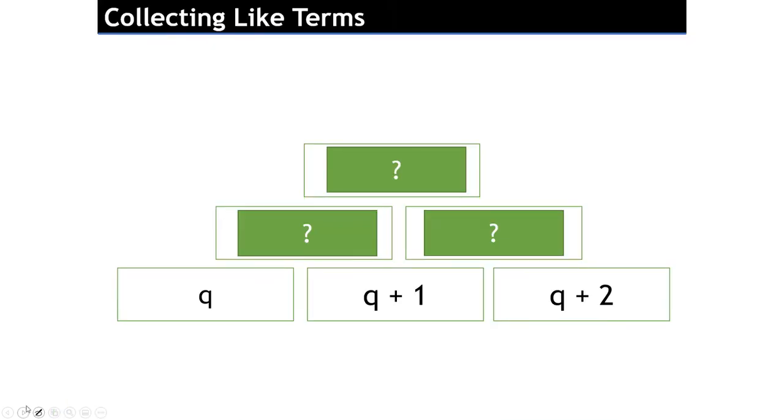Okay, now we're going to be doing a pyramid. This is an example, so if you could please copy this example as we're going along. What we have to do here is add the 2 boxes that will make that top box. Same with here, add these 2 boxes that will make that top box. So we've got q and plus 1.